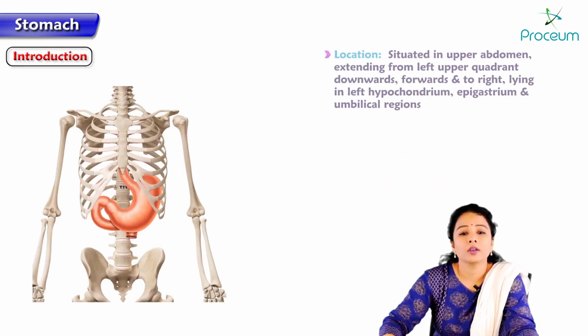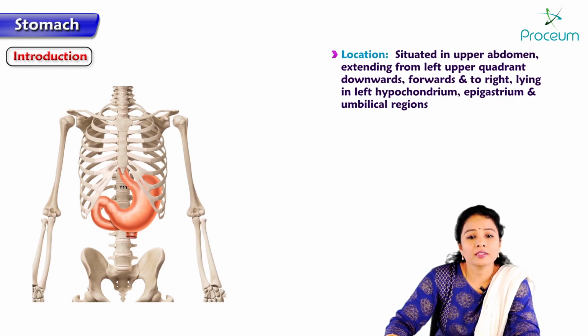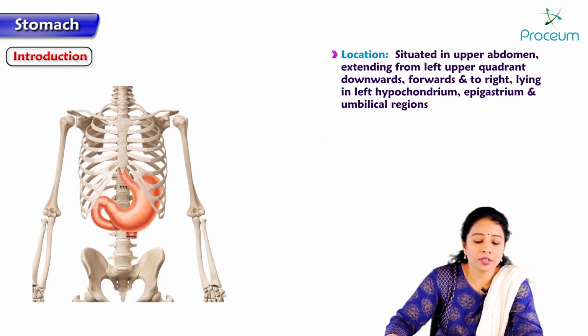Location: the stomach is situated in the upper abdomen, extending from the left upper quadrant downwards, forwards and to the right, lying in the left hypochondrium.